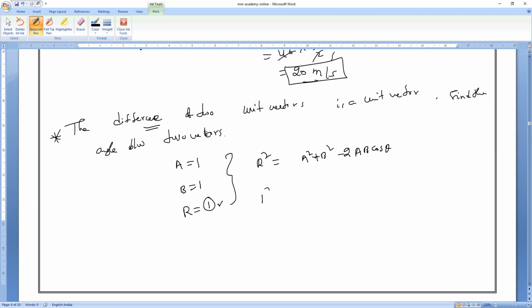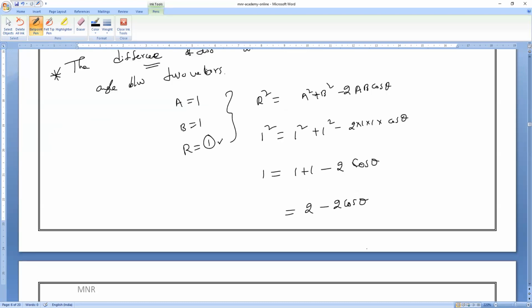So 1 square, A square 1 square, B square 1 square, minus 2 into 1 into 1 into cos theta. So only cos theta you have to find. So 1 is equal to 1 plus 1 minus 2 cos theta, which is 2 minus 2 cos theta.